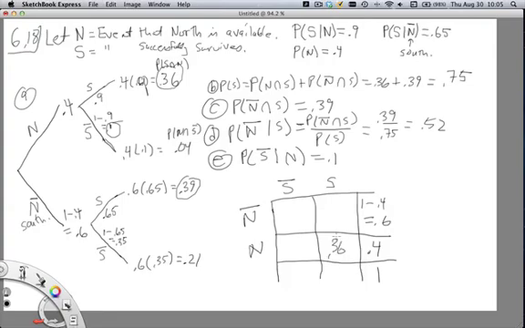And then I'd have to do something similar for down here. And I would find 0.39. Then we would do some subtraction. We would find this to be 0.21 if you take 0.6 minus 0.39. This is going to be 0.04. Then I'd add these up to get the two marginal probabilities.